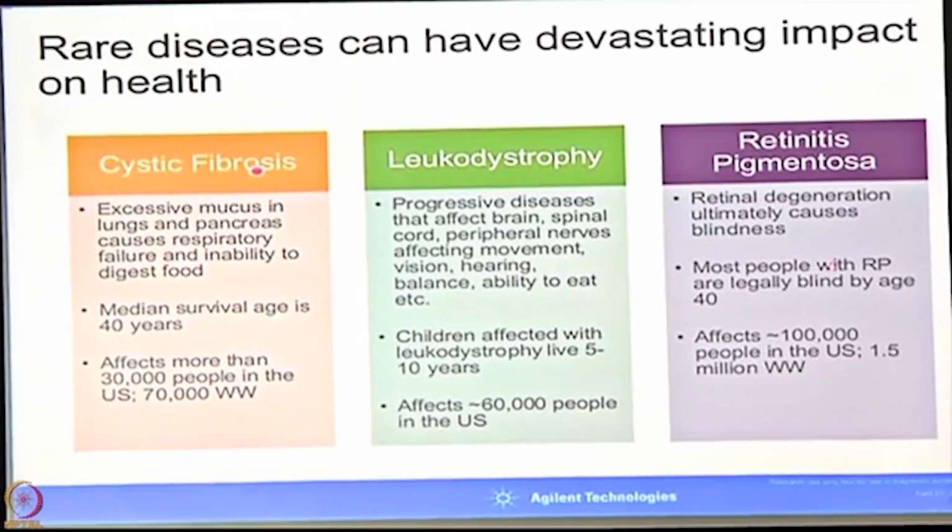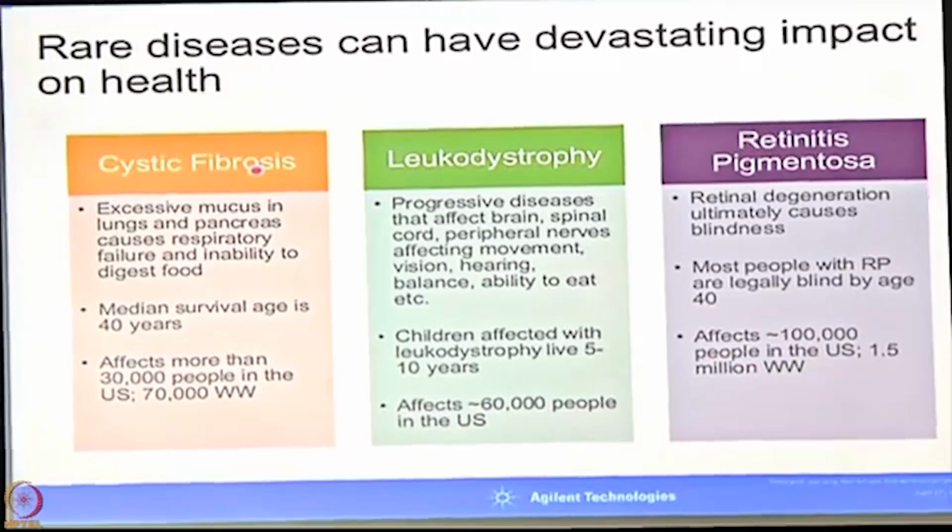Retinitis pigmentosa is another disease. It causes blindness, the survival is like 40 years, and around 1.5 million patients worldwide are known for this disease.